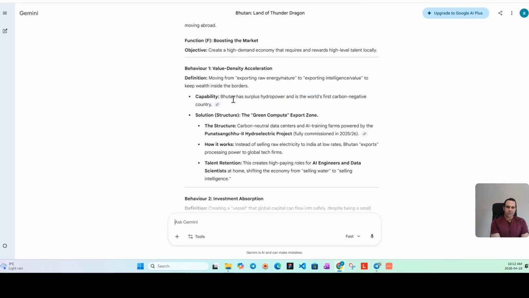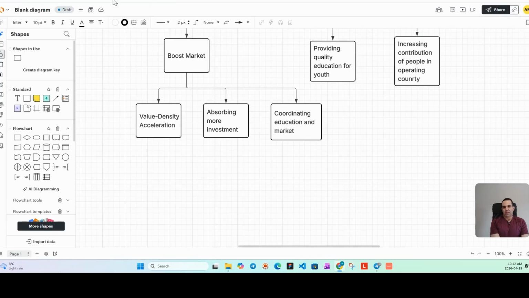So the idea here is focusing on what they are really good at. If they have a lot of electricity, then instead of just exporting that product, we process that product and add value to it and then export it. I mean, increase the value density acceleration.